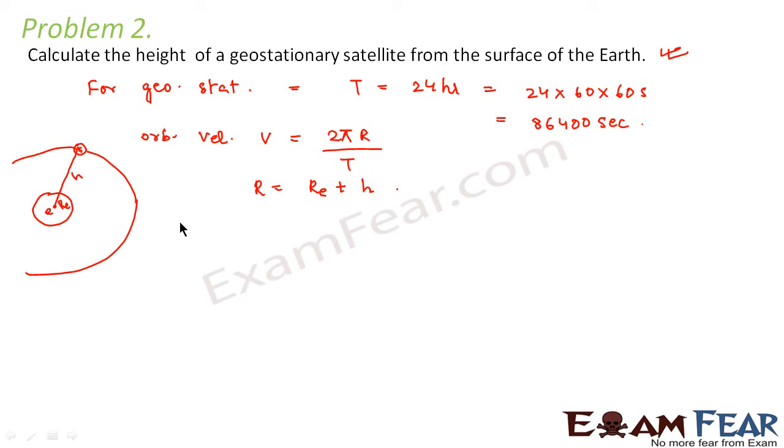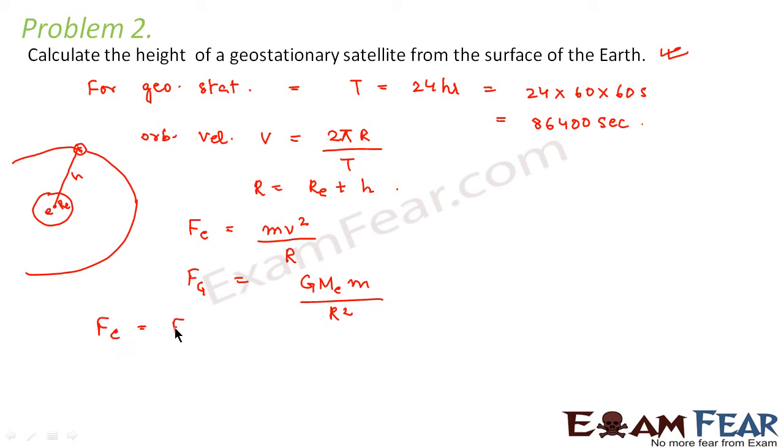Correct? Now, since it is moving in a circular path, we will use the same funda. That is, there is a centripetal force which will be acting, which will be equal to mv square divided by r. And that r will be nothing but capital R. Similarly, there would be a force of gravitation between the Earth and the satellite, and that will be G into Me into m divided by r square. Now, since it is moving in a stable orbit, therefore, these two forces should balance each other.